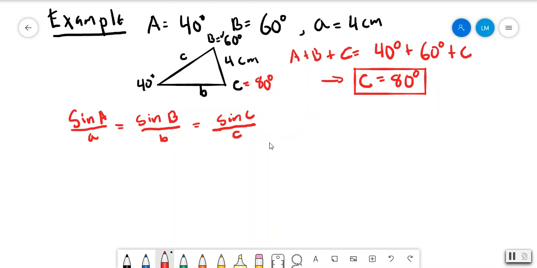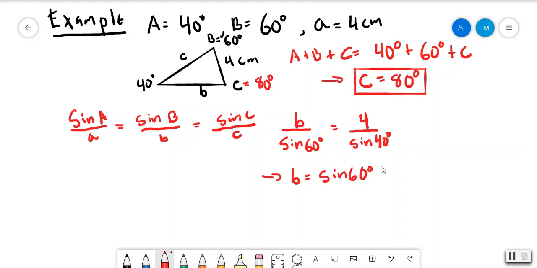So I have b divided by sine of 60 equals, let's use the things that we know. Sine of A over a is just 4 divided by sine of 40, and all we need to do is multiply, so b equals sine 60 multiplied by 4 divided by sine 40 degrees.